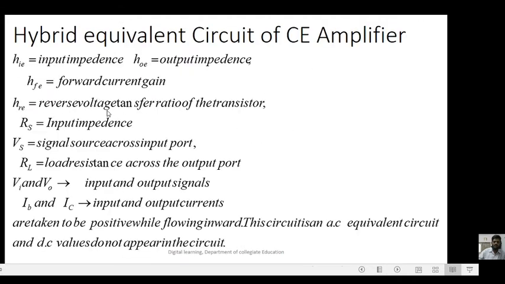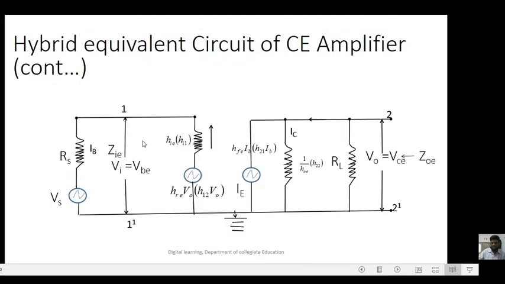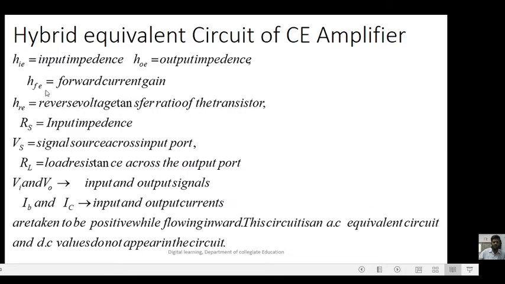The ground level is 1 prime and the ground level is 2 prime. HIE is the input impedance, HOE is the output admittance, HFE is the forward current gain, and HRE is the reverse voltage transfer ratio of the transistor.